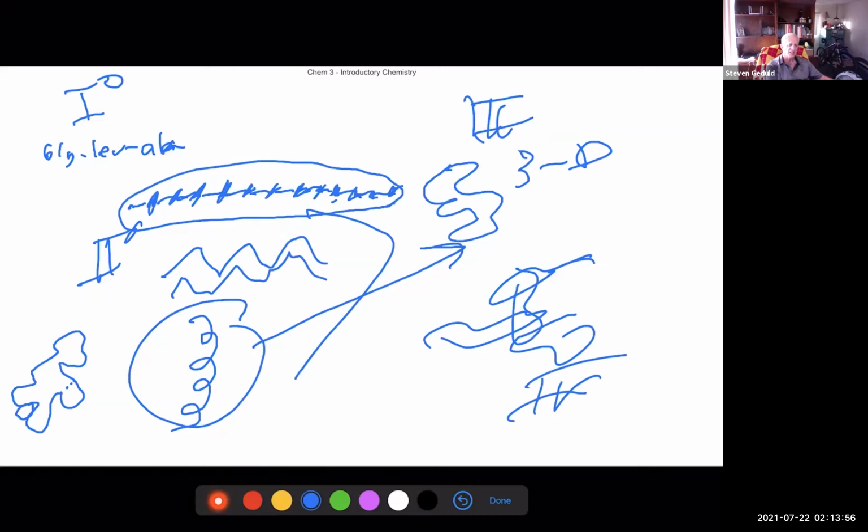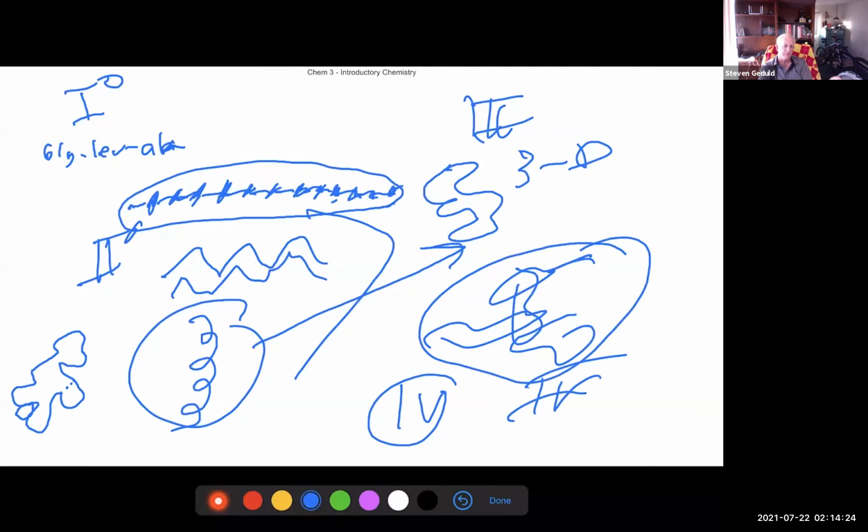So the list is containing more than one polypeptide. What do you mean, the list? The only time you have more than one polypeptide is the quaternary structure, where you have these shapes come together to form a molecule.